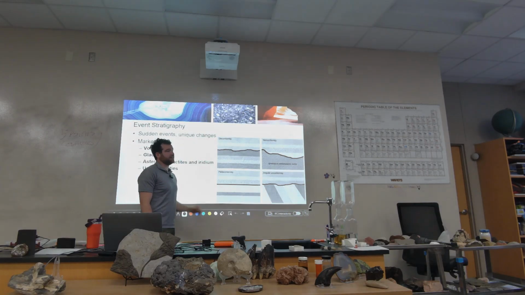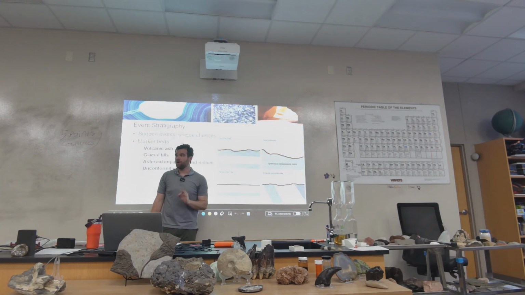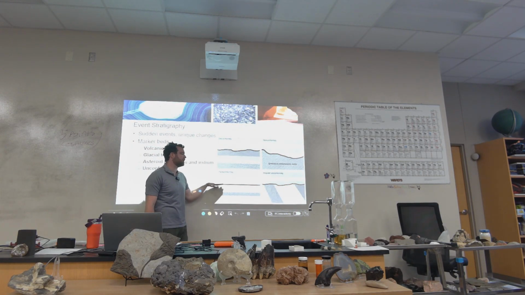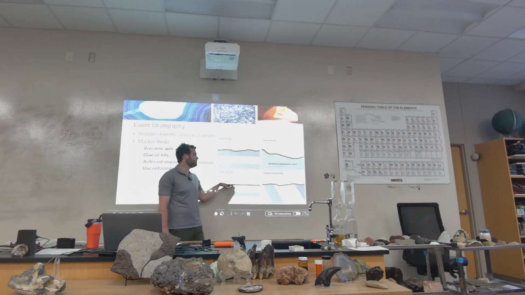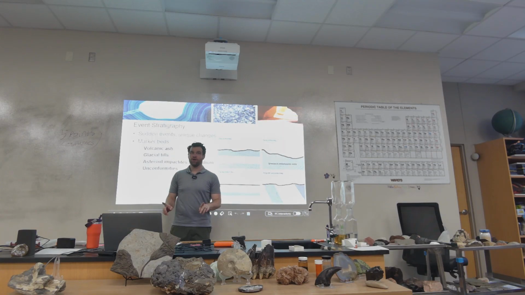A paraconformity, this can be tricky. A paraconformity is when I have horizontal layers of rock that get built up, deposited, and then weathering takes it down along a flat surface. Or, and this is where it gets even trickier, there's simply no deposition.